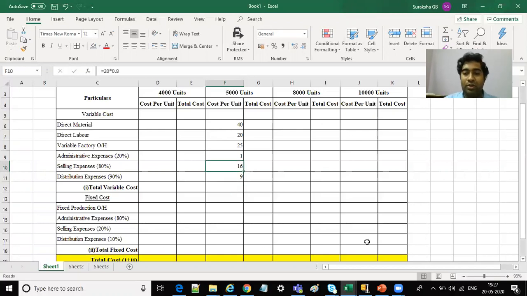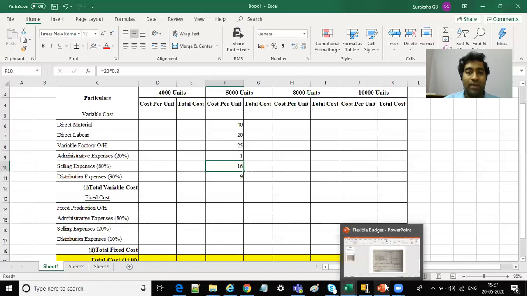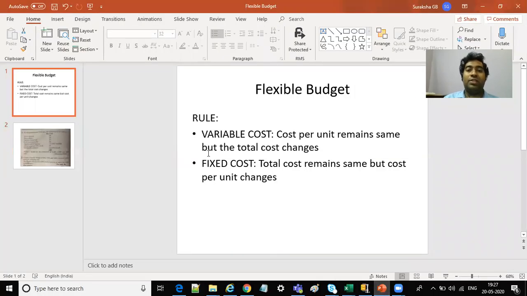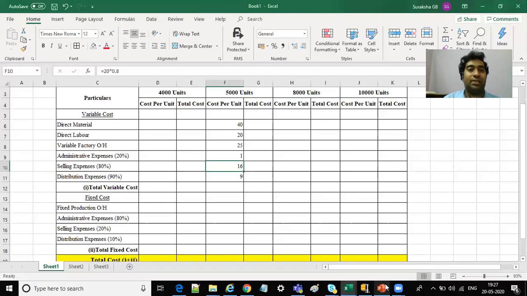Please remember the rule again. I'll go back to the rule. The rule says for variable cost, cost per unit remains same, but the total cost changes. As we are preparing the variable cost at different levels, the cost per unit will remain same for 4,000 units, 5,000 units, 8,000 units and 10,000 units.